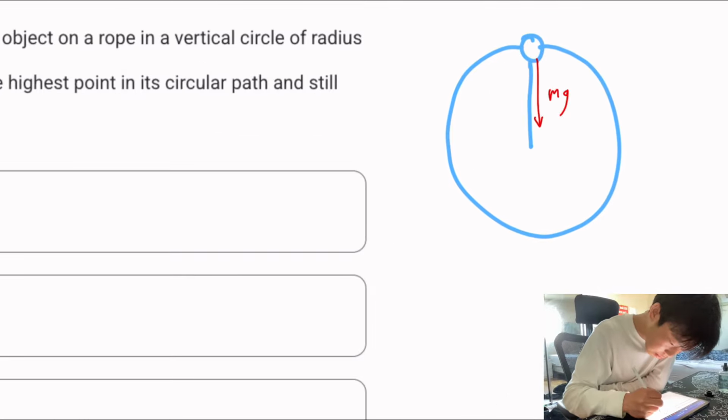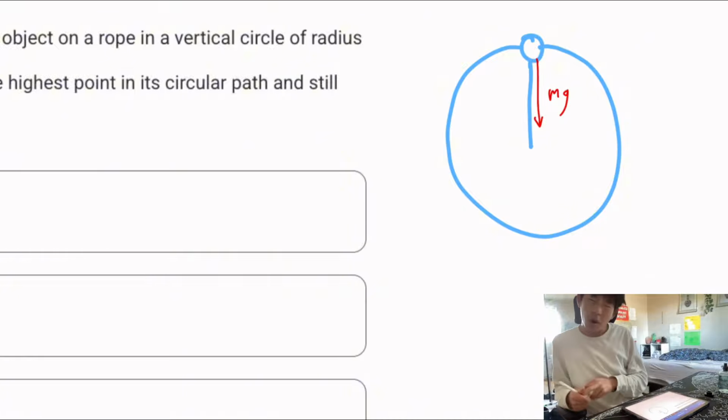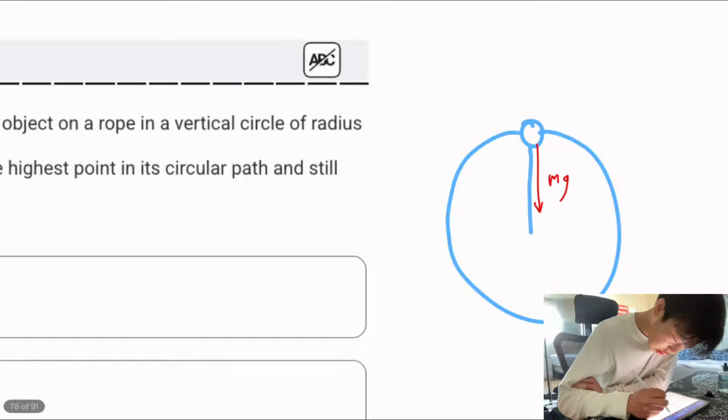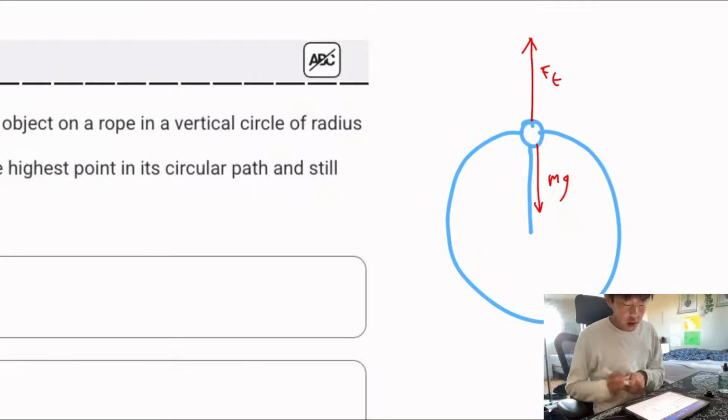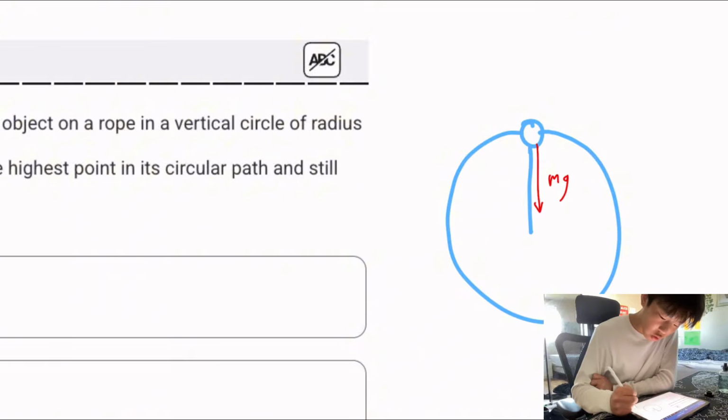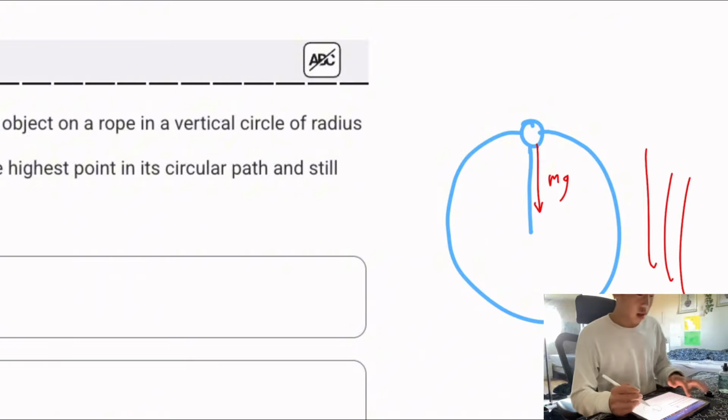This can be mg. But what keeps the ball up? It's going to be the force of tension. Okay? So what happens when you stop swinging it? Then the force of tension becomes 0, right? And then it's just mg, and that causes the ball to fall all the way down, right?